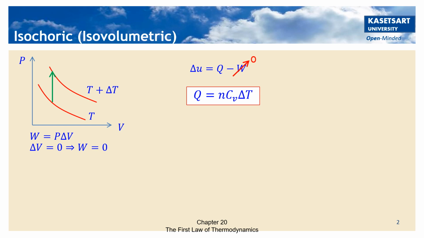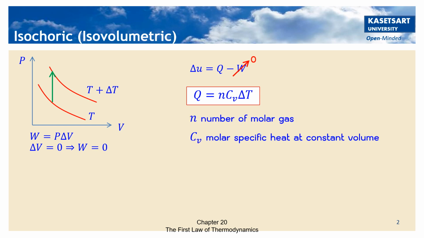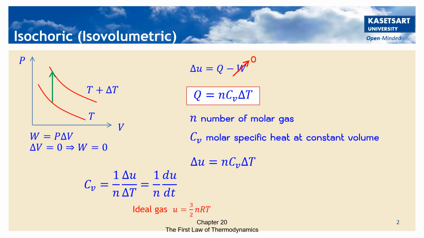The heat given into your system is related to this equation, Q equals n Cv delta T, where n is the number of moles of gas and Cv is the molar specific heat at constant volume. Then delta U equals n Cv delta T. From this, you rearrange the equation: Cv equals 1 over n delta U over delta T, or Cv equals 1 over n dU by dT.